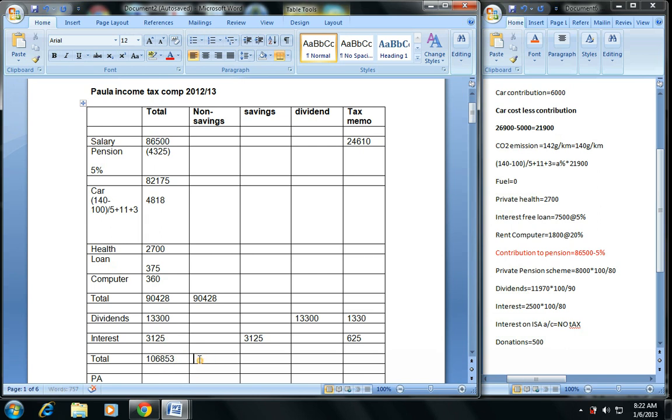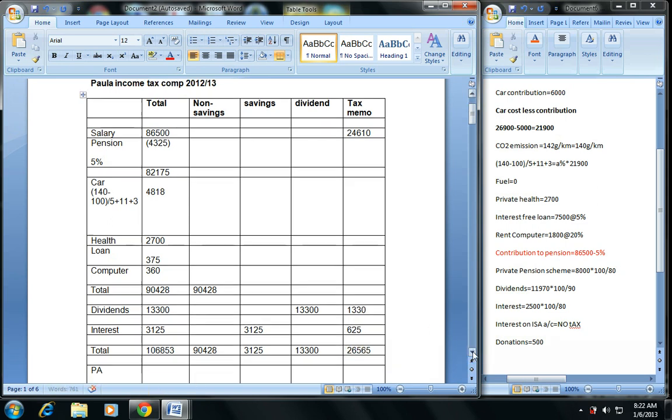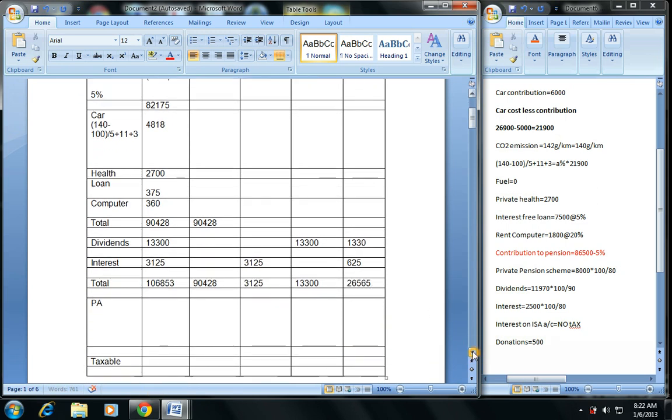Now, as we know the amount of income allocated to her, we can calculate our tax. So we put all the totals together nicely. Now move on to the next stage, which is personal allowance.